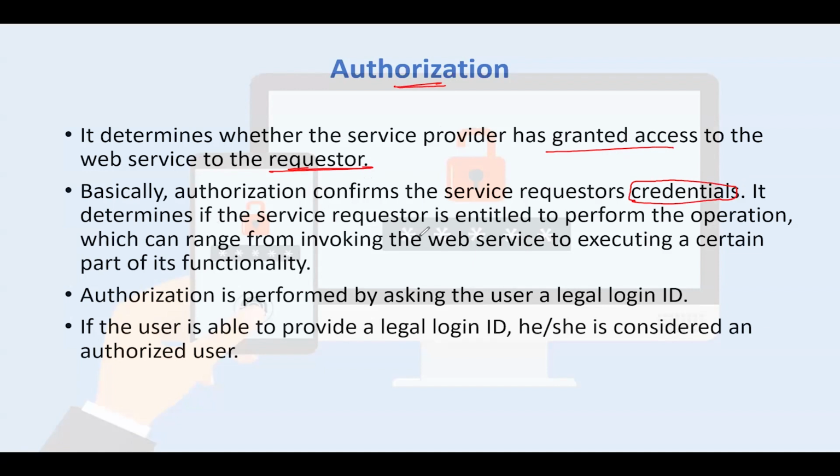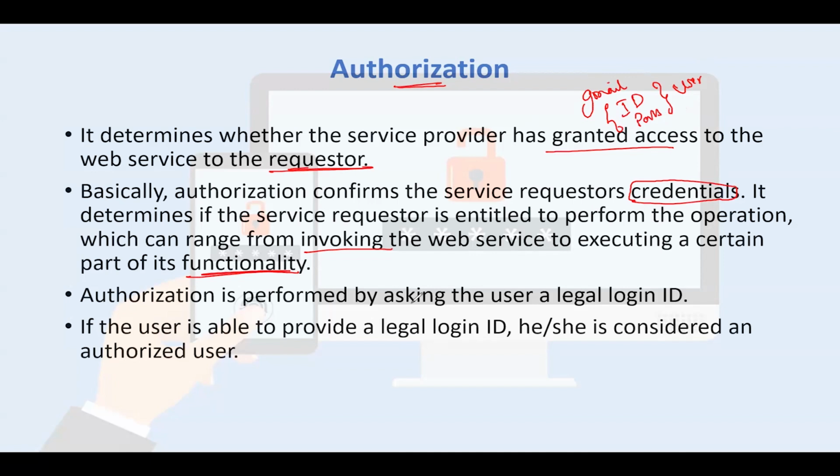It determines if the service requester, that is the user, is entitled to perform operations which can range from invoking the web service to executing a certain part of its functionality. A very good example is your Gmail. Whenever you are logging into your Gmail, it will ask for your ID and password. Here Gmail is trying to find out whether this particular requester, the user, has registered and whether it can give access.